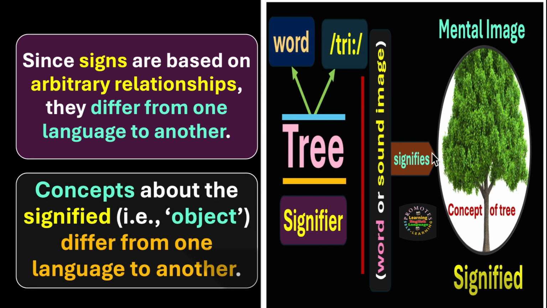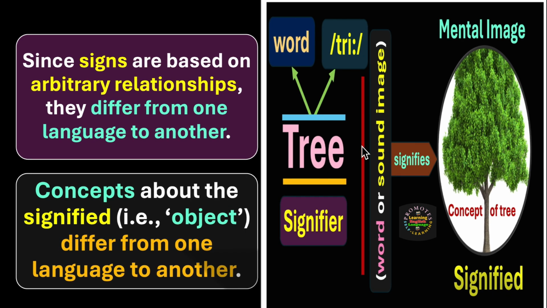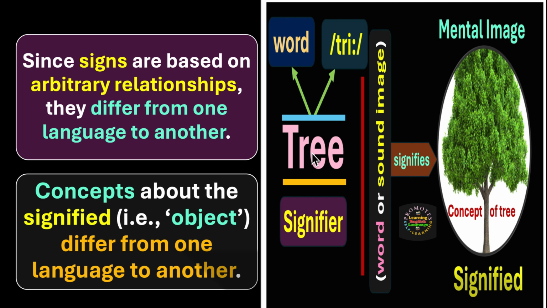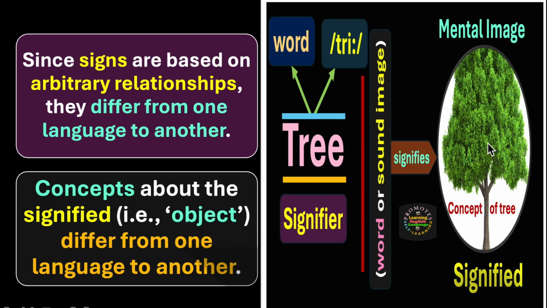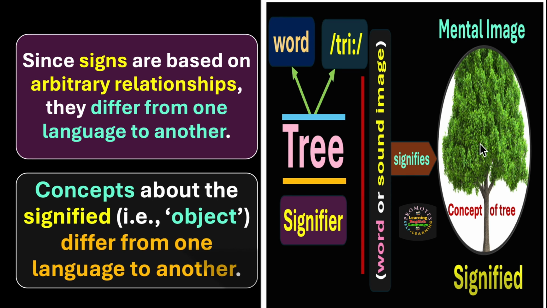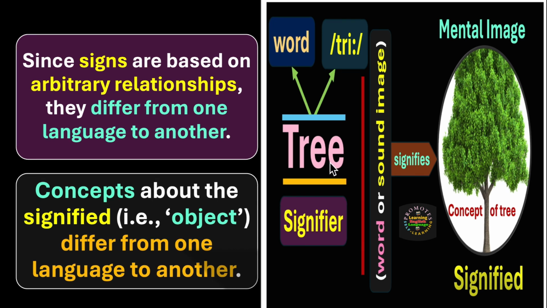But in Arabic, the same image has another word, shajar. In Hindi, we have another word, vriksh. In Urdu, we have another word, darakht. So the object is the same, but the concepts about the signified differ from one language to another.